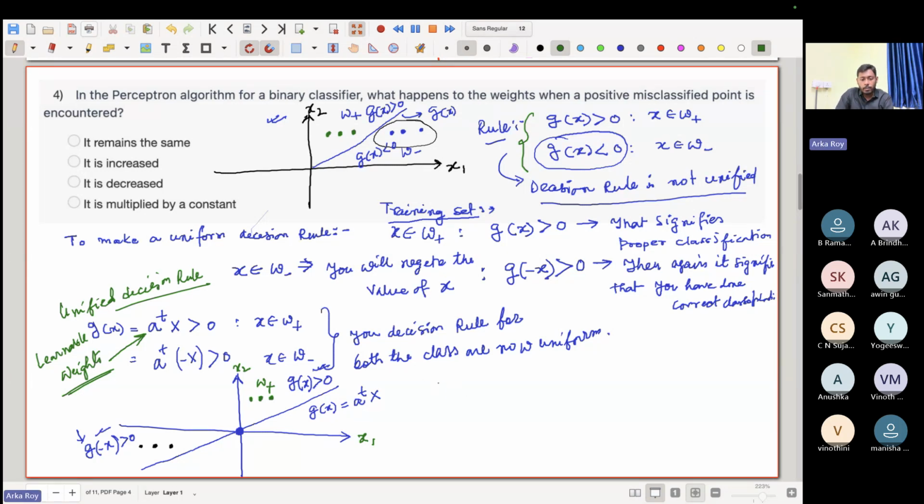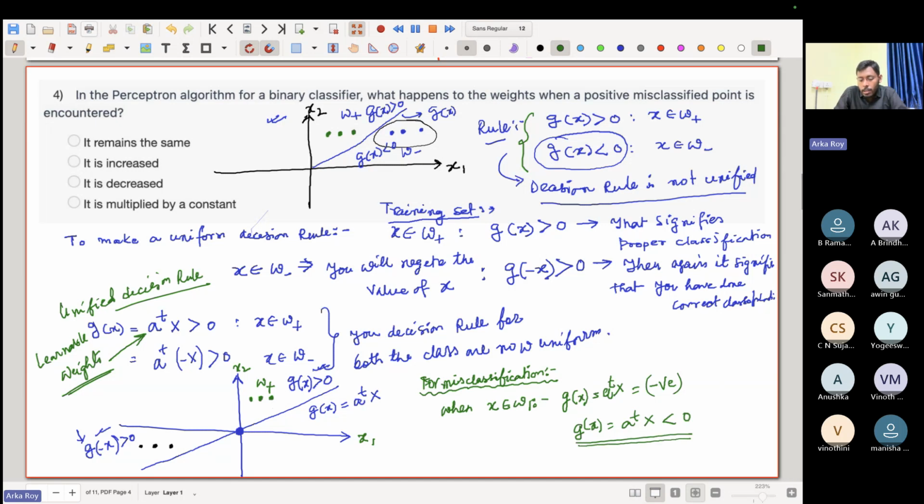Now, if you do misclassification, so when you have misclassification, let's say for this particular class, let's say x belonging to positive class, and you are evaluating your g of x, which is A transpose x, and let's say it is giving some negative value, or let's say g of x, A transpose x, is less than 0.